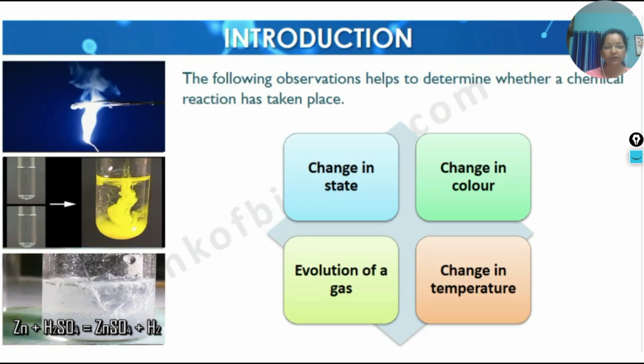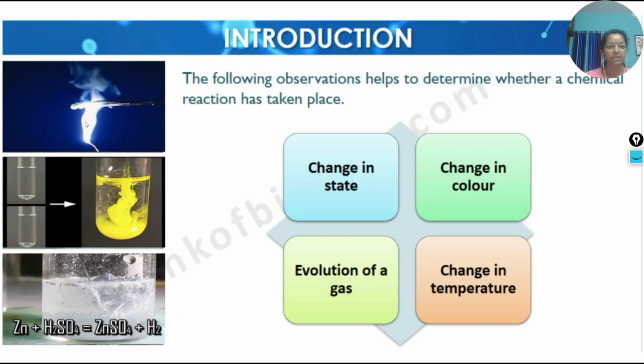As a summary, when can we say that a chemical reaction is taking place? A chemical reaction is taking place when there is a change in state, a change in color, an evolution of gas, or a change in temperature.